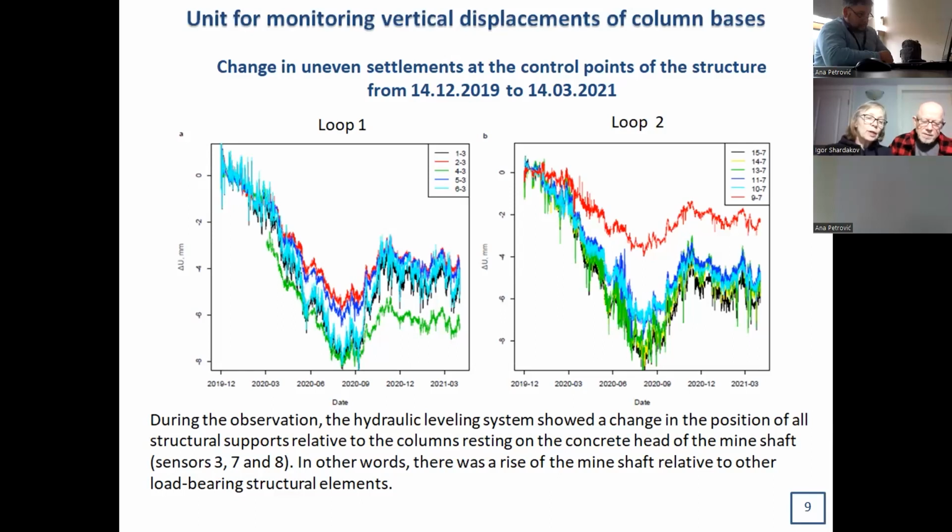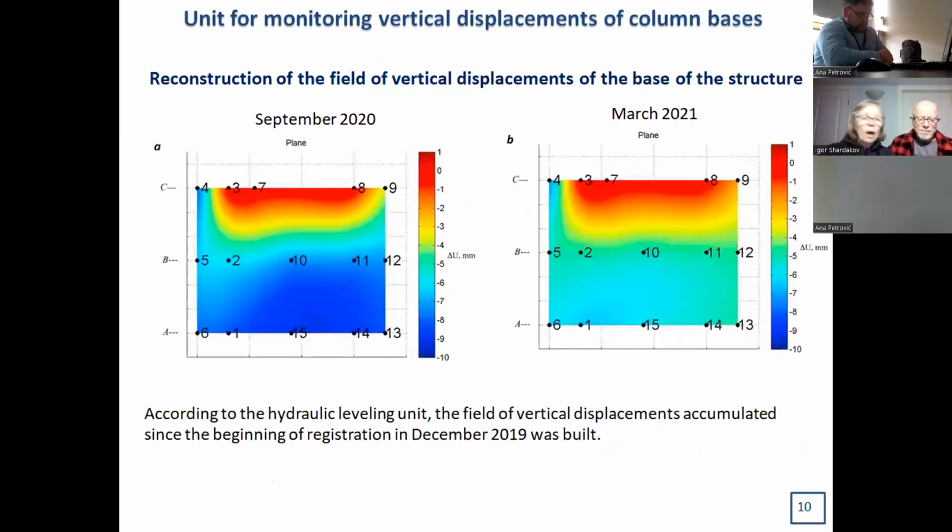This slide shows the history of settlements for 15 months of observation. And this slide shows the field of base displacements relative to the points located on the concrete head of the shaft. Looking at these pictures, we can see that different points of the foundation settle at different rates. In addition, settling occurs unevenly over the time.